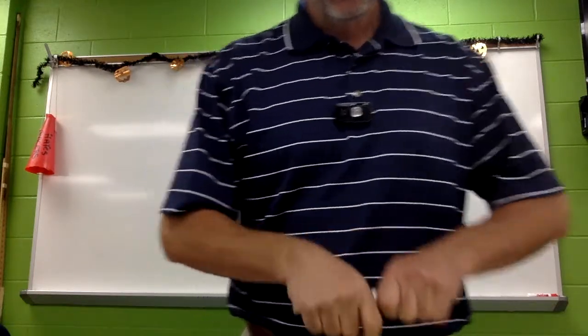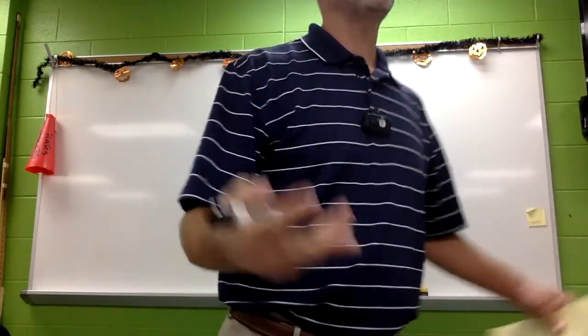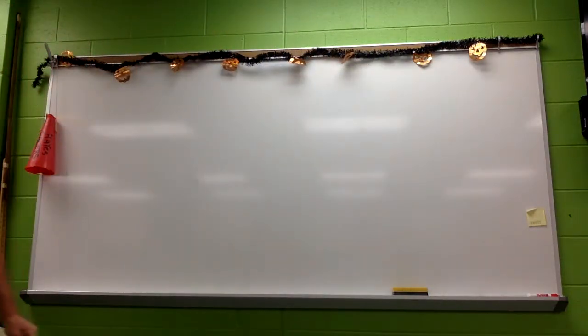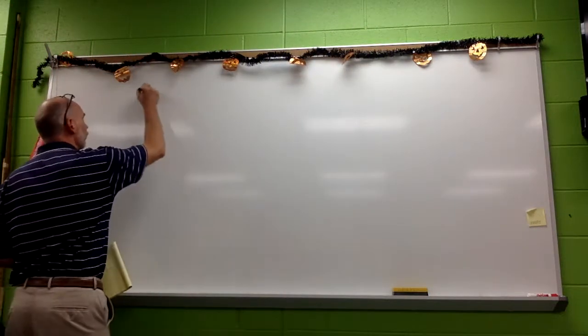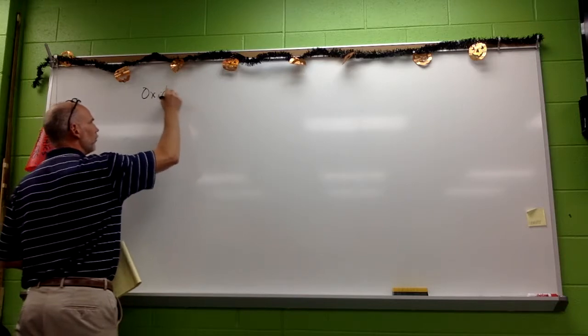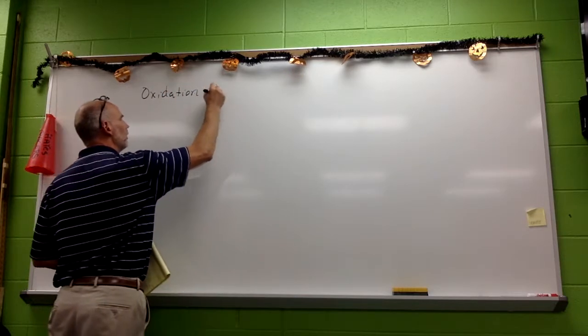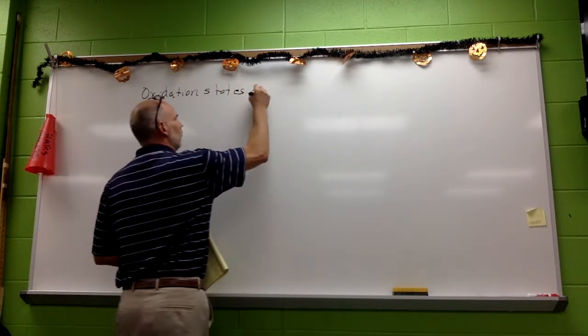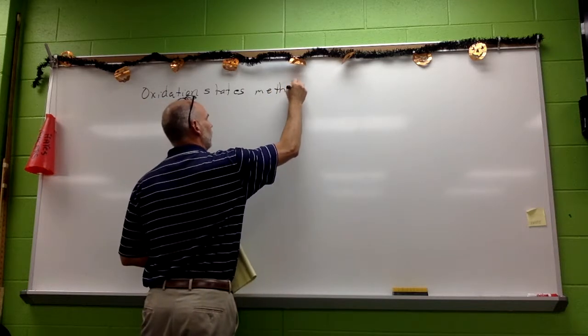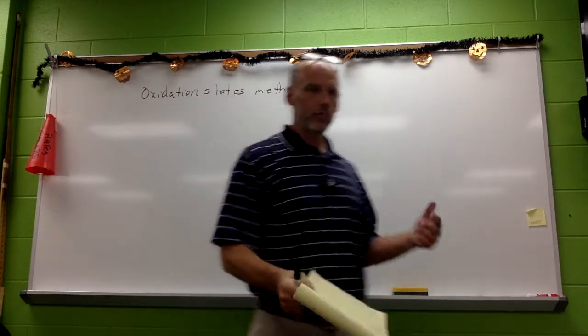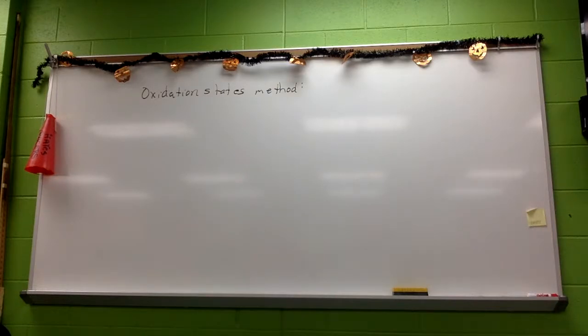There are two methods that we can use to balance chemical redox reactions. The first one is called the oxidation states method. In both methods, we're going to use the change in oxidation state to help us determine how to balance it.